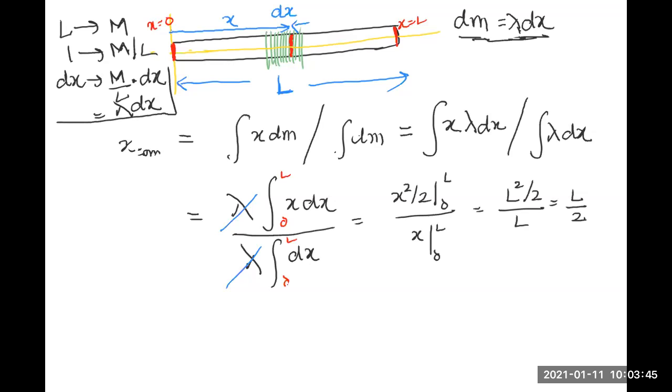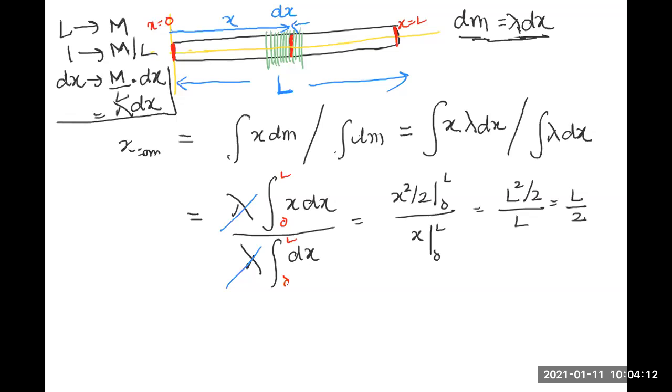When you do that, at some point you may have to use the unitary method. In this case, we have a shortcut, and that is that dm can be taken as simply lambda dx. Okay, but if you want to go through it, in length L the mass is m, so in unit length the mass is m by L, that's okay.